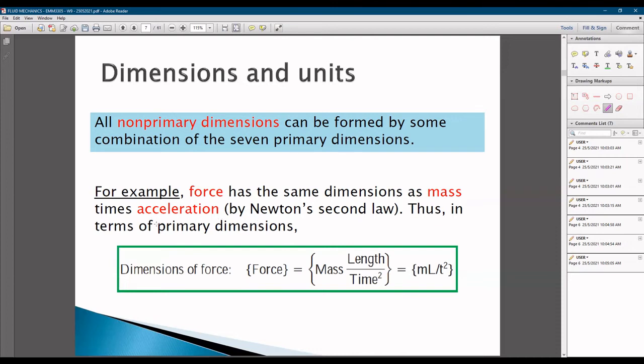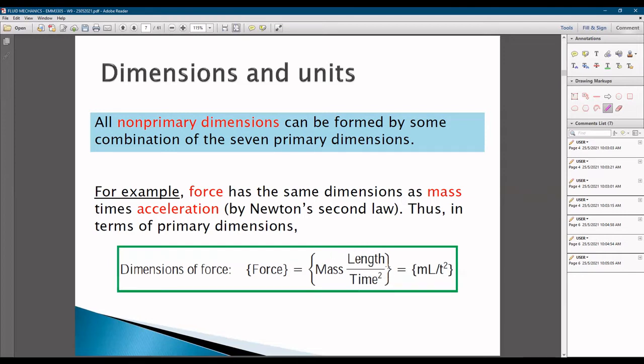Thus, in terms of primary dimension, you can look at it like this, where for force, you have mass and acceleration. You can further expand it, where acceleration is meter per second square, right? So meter is the length and second square is the time. So you can replace it like this.